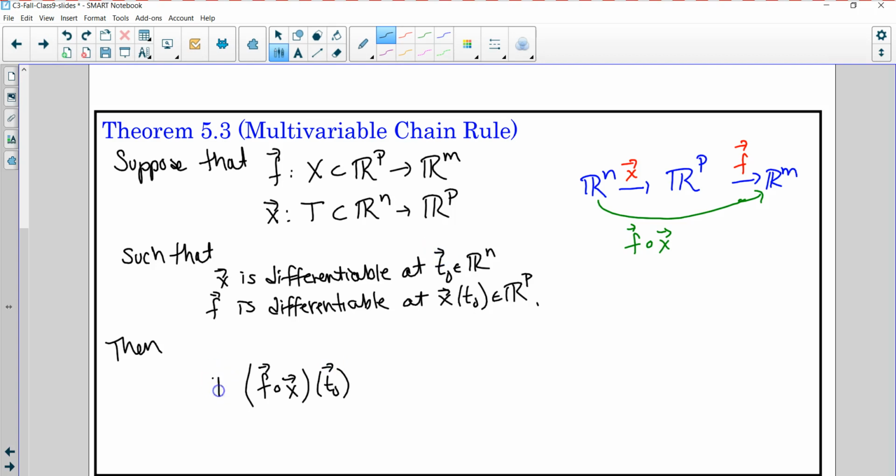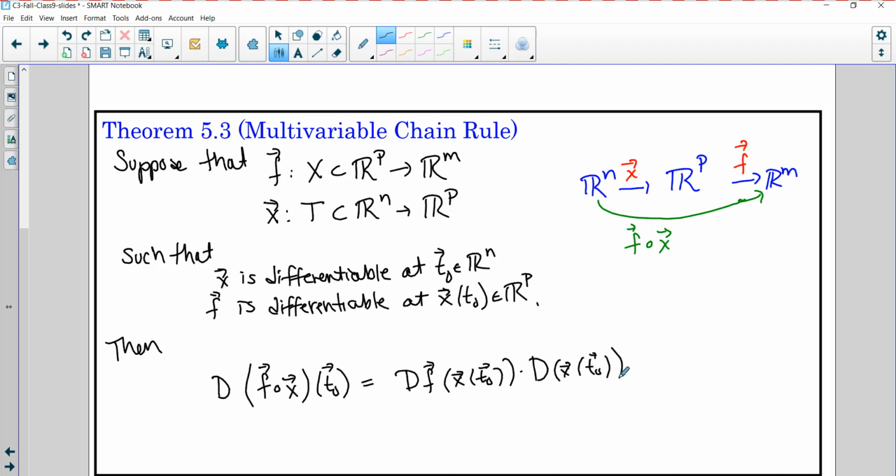And then if we differentiate this, this is going to equal df of x of t naught, remembering all of our vector arrows, and then times dx of t naught.